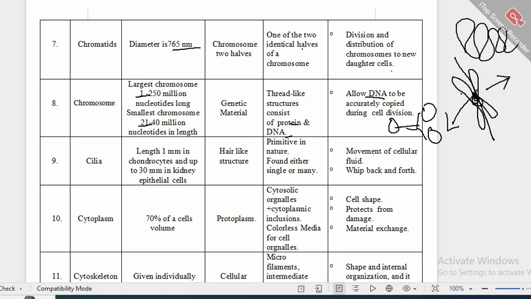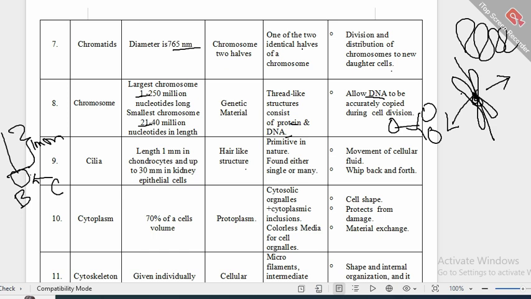Next is cilia. Cilia arise from the basal body, and this basal body is formed from the centriole. The length is 1 millimeter in chondrocytes and up to 30 millimeters in kidney epithelial cells, so the largest cilia are found in kidney epithelial cells. It's a hair-like structure, whereas some differences are there between cilia and flagella, which we'll refer to in the primitive organisms section.